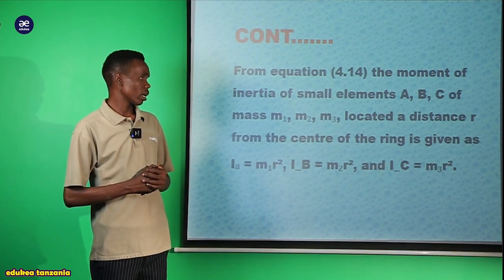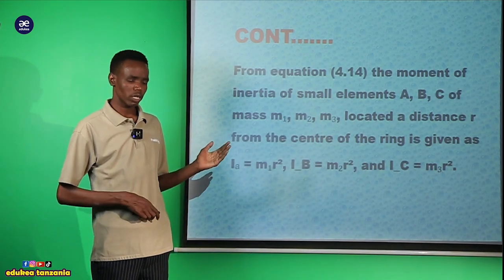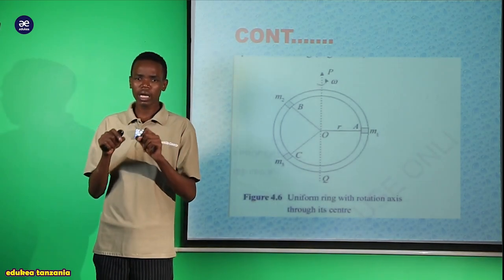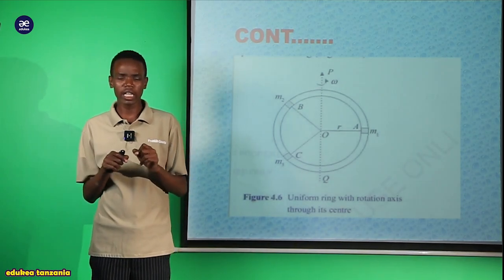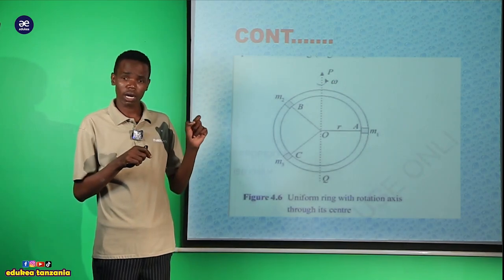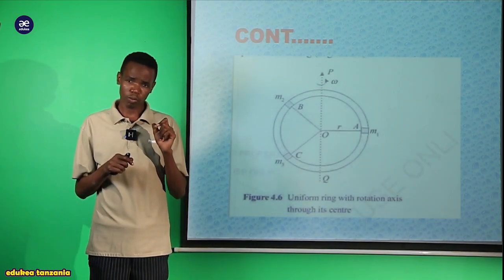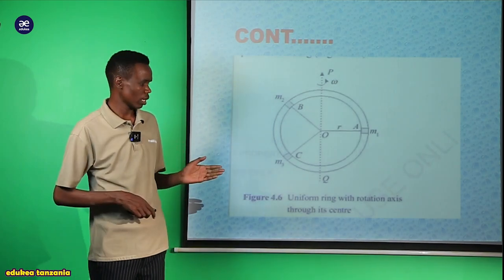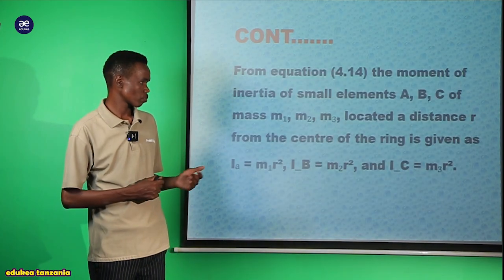So as we see in our figure demonstration here, point A contains the mass 1, point B also contains the mass 2, but finally point C also contains the mass 3, as we try to observe here.